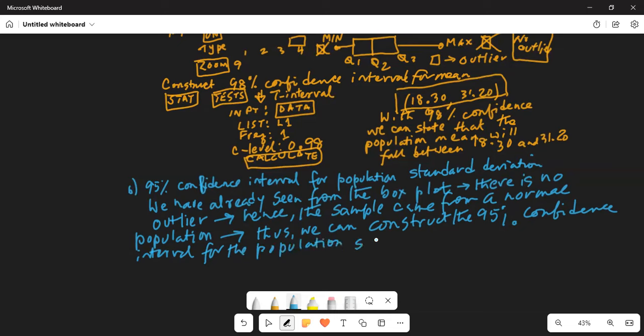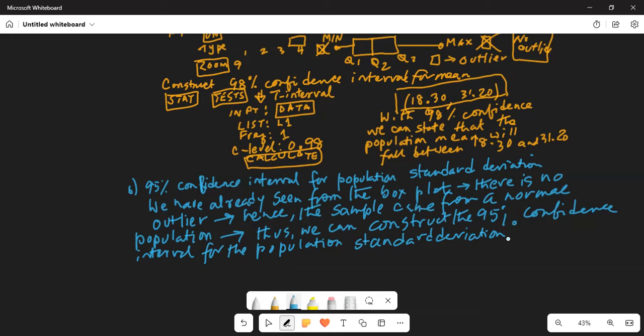Remember, standard deviation gives you an average variation of a number in the data set from the mean. First we had to prove that the sample came from a normal population, which we did by constructing the box plot and observing that there are no outliers either on the left or on the right.